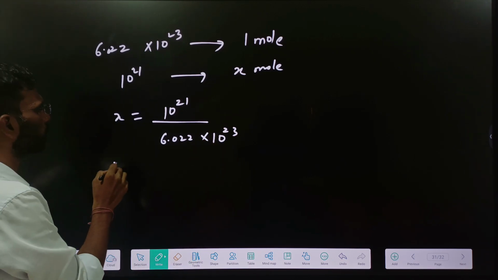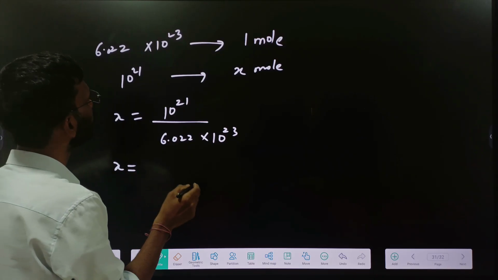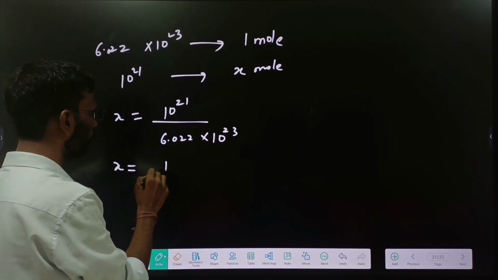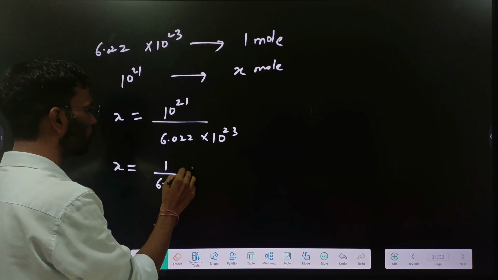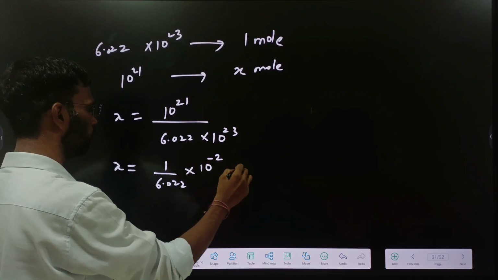So x will be 1 by 6.022 into 10 raised to minus 2 moles.